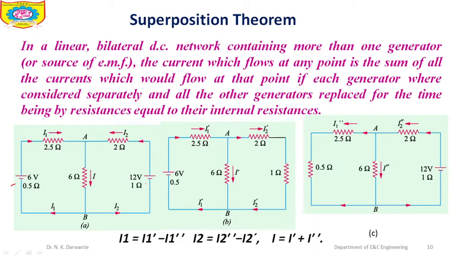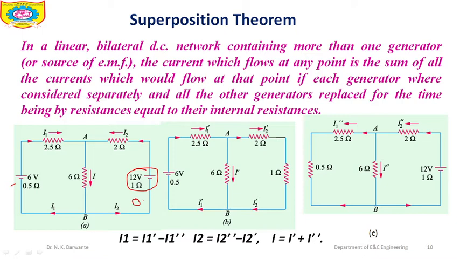Then how to apply it? If two sources are there, then one source we have to replace by using its internal resistance. Now here the second source is a voltage source, so we have to replace this voltage source by its internal resistance, that is 0. The ideal voltage source is 0. If nothing is given in the example, then we have to replace the voltage source by 0.